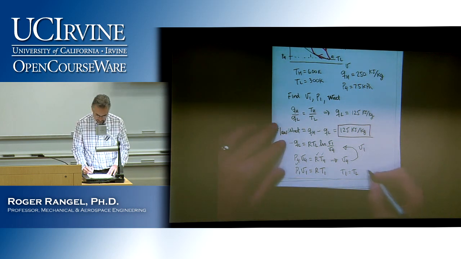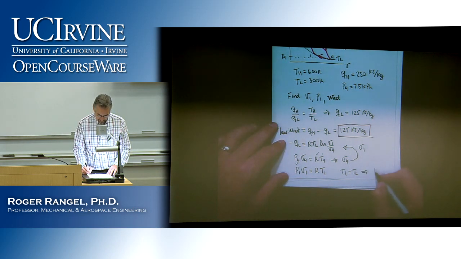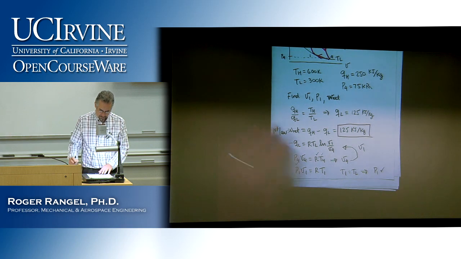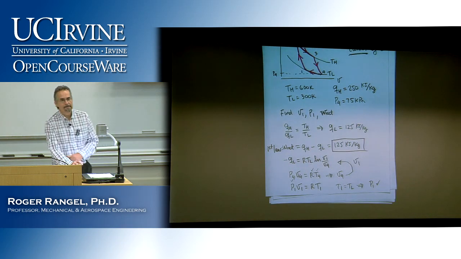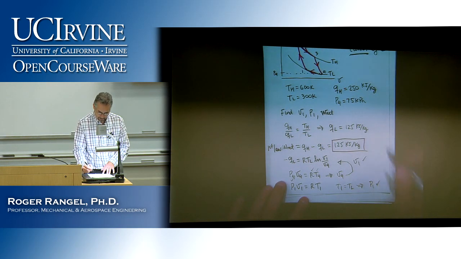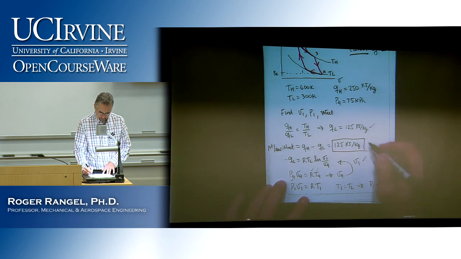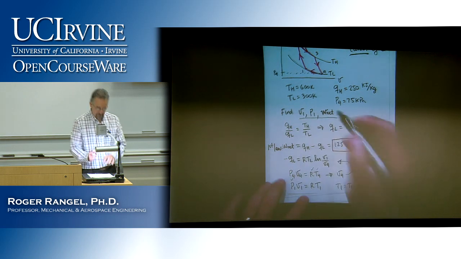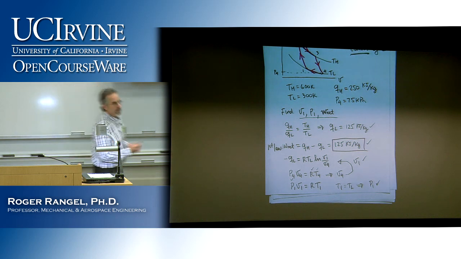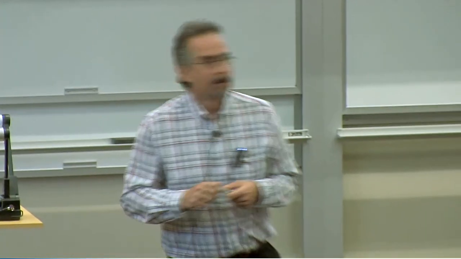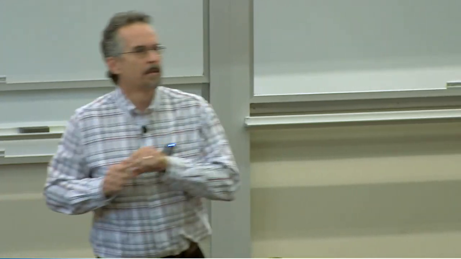So I can use this expression to find P1 and finish the problem. Okay, so I got V1, P1, and W net, which are the three quantities that were asked. Okay, so that's probably enough. Any questions? I'll see you on Tuesday then.